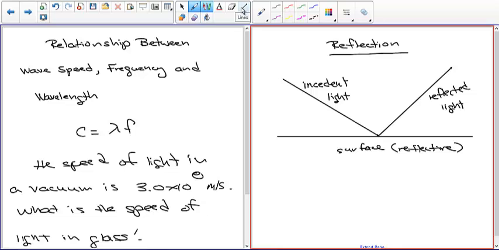And when you measure angles, you could say, do I measure the angle from the surface to the light, or do I measure it from the ray to the normal to the surface? And the answer is we do it to the normal.